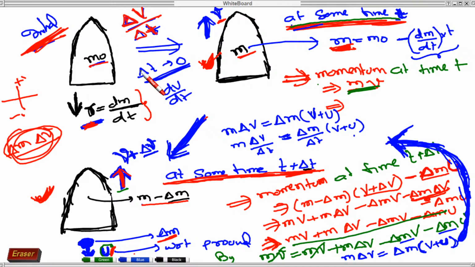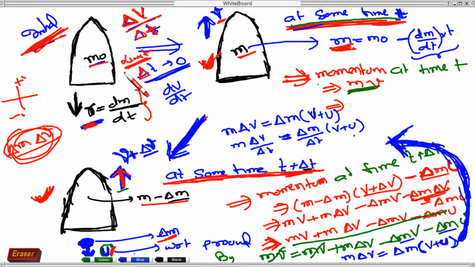When delta v over delta t is there, you will come across the limit part, the limit chapter in your calculus section in maths.